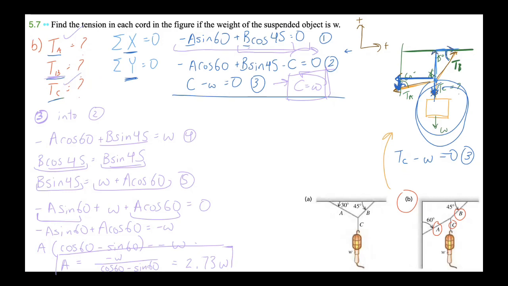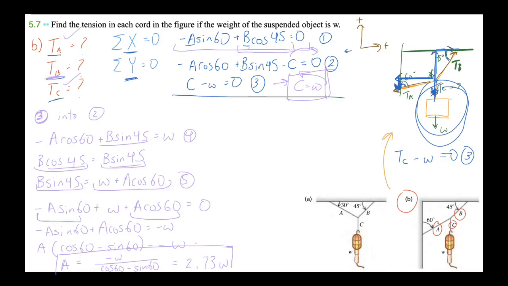All right. So let me just choose a different color. Let's do red. Okay. So now we want to solve for B. Now that we have A, we can just plug that back into any one of these equations.